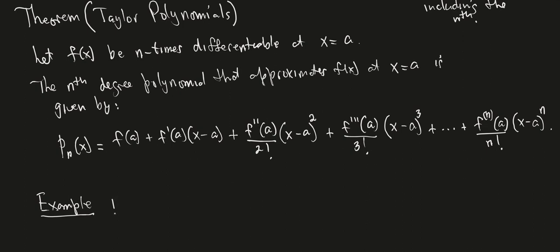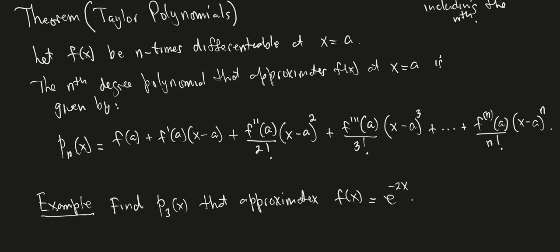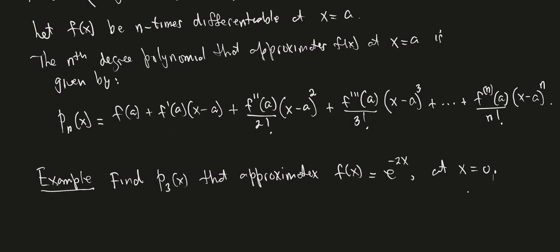So I'll just say this: find, and I'll use our notation here, p sub 3, the polynomial that approximates, and here I'll pick a function that's easy to differentiate, something like e to the negative 2x, and then let's pick it at x equals 0. All right?